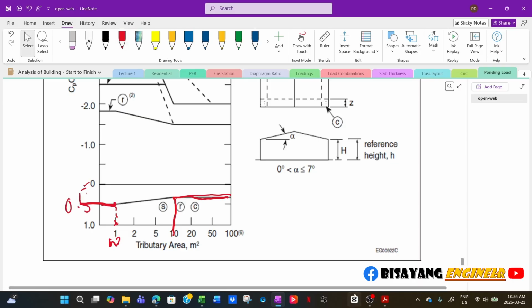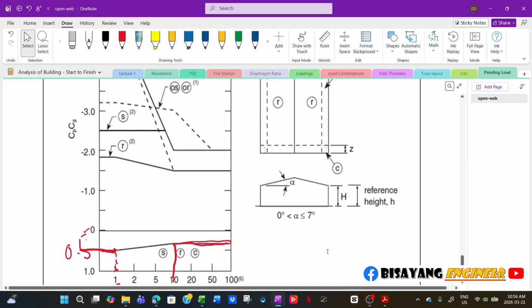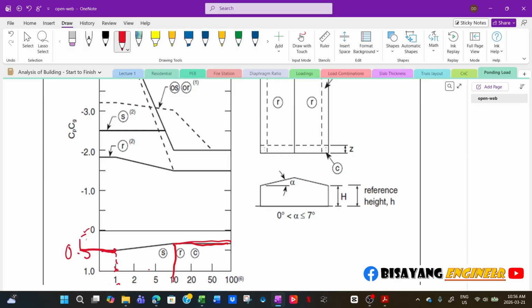Now for area, for example, if you design roof purlins and you want to be specific to get the CPCG, then you calculate the tributary area, and say if the area is, let's say, 4, then you project it here, and then you project it to the left.